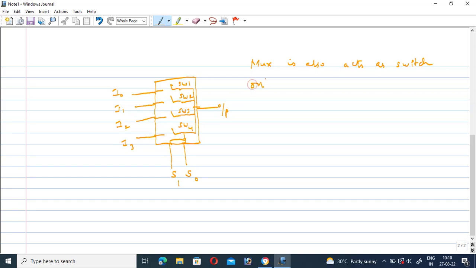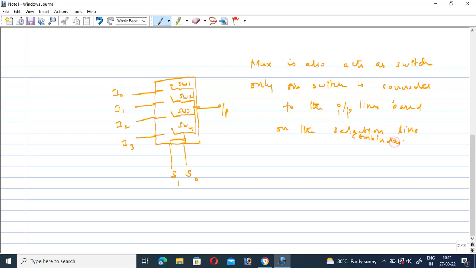Only one switch is connected to the input lines based on the selection line combination.